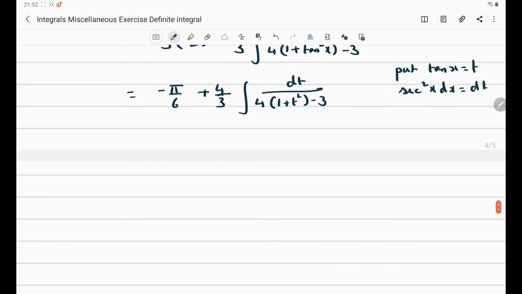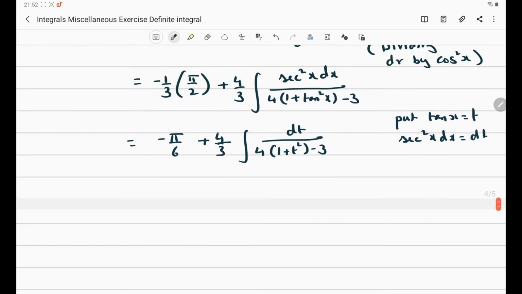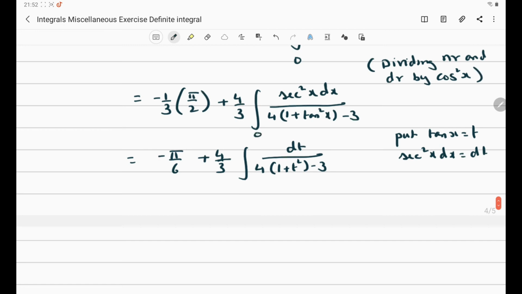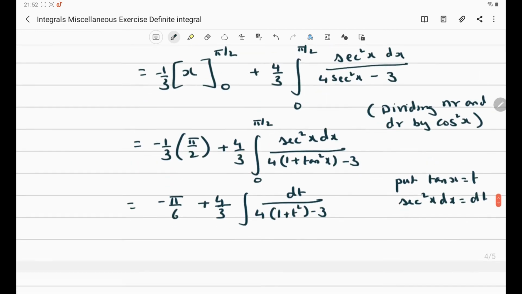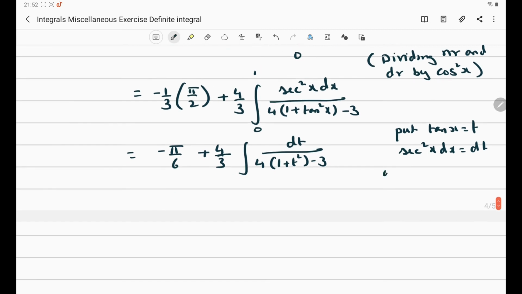So now let us see the limits, upper limit and lower limit. Here we have the lower limit as 0, upper limit as pi by 2. So when x is equal to 0, t equal to tan 0, that is equal to 0.